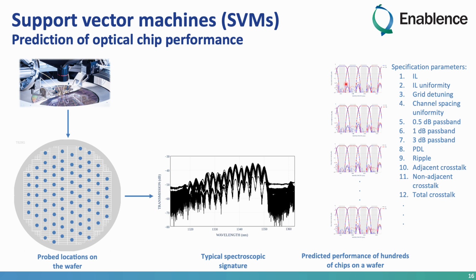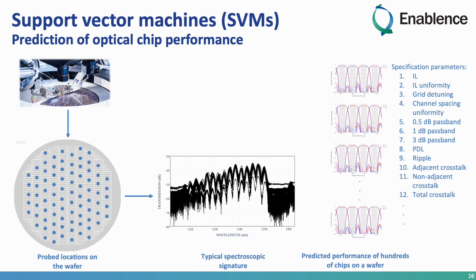Not only that, but we want to predict the performance of hundreds of such devices on a wafer, where the pass and fail of each chip is determined by a long list of 26 specification parameters. So each channel within each chip is characterized against insertion loss spec and detuning spec, multiple passband specs, crosstalk, and so on. So essentially, our goal is to take this limited set of weak and noisy spectroscopic signatures and predict the performance of hundreds of devices on the wafer.